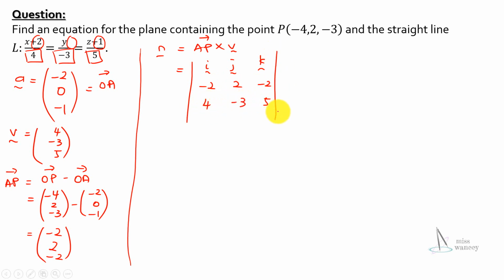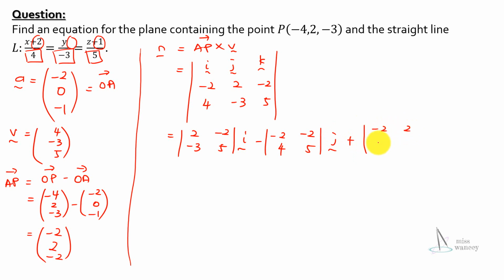And then we simply find the determinant for this one. So deleting first row and first column: 2, -2, -3 and 5, i. Minus, delete first row, second column: -2, -2, 4 and 5, j. Plus first row, third column, so it's going to be -2, 2, 4, -3.